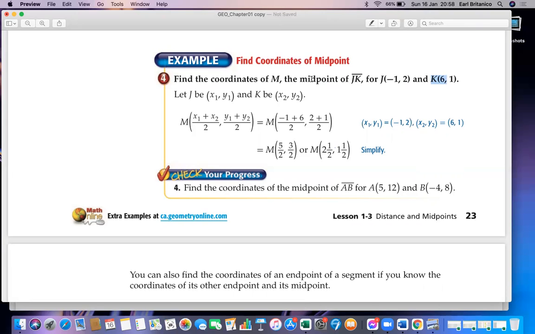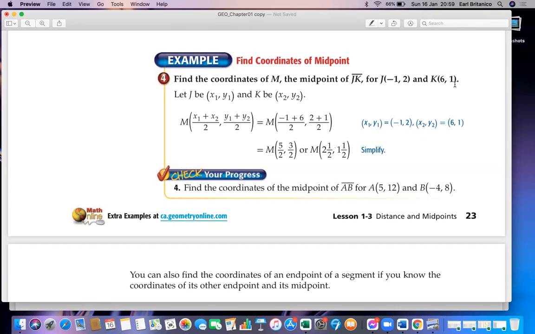It's like you're looking for an address, the address of the midpoint between 2 points. If the first point has an address represented by an ordered pair and the second point has an address represented by an ordered pair, then the midpoint must also be represented with an ordered pair. So again, the first point given will be your x1, y1, and then the second point will be x2, y2.